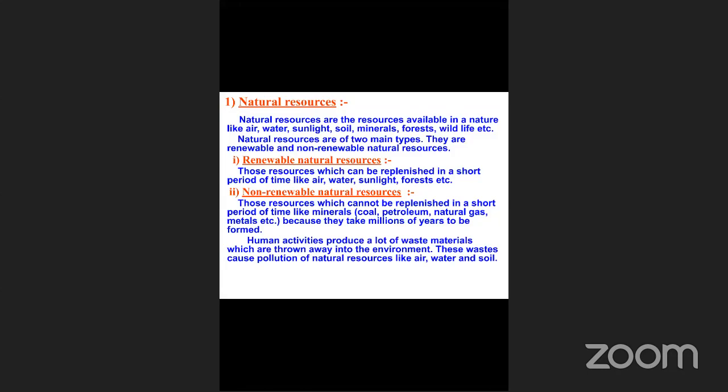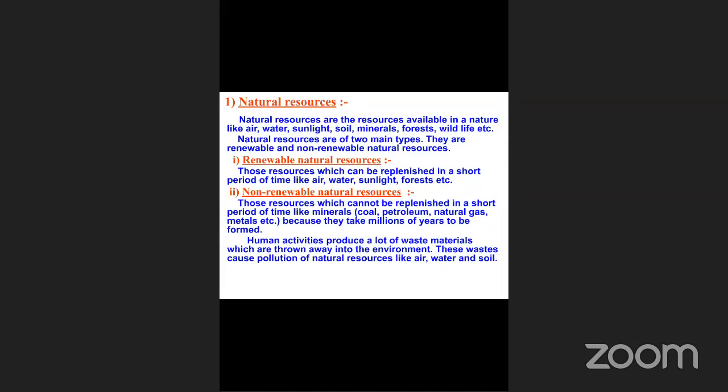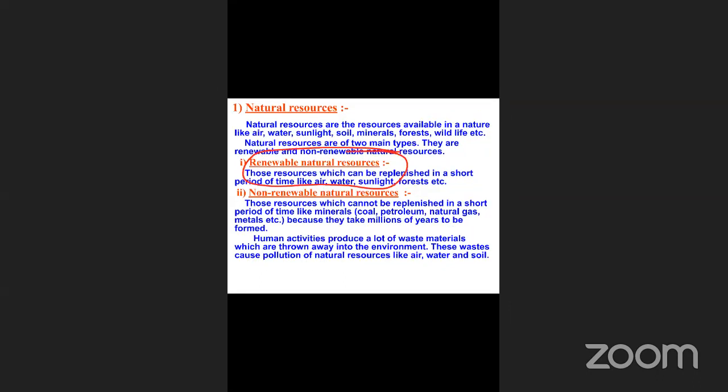Already we have learned that natural resources are of two types, that is renewable resources and non-renewable resources. Renewable natural resources are those resources which can be reaped in a short time.